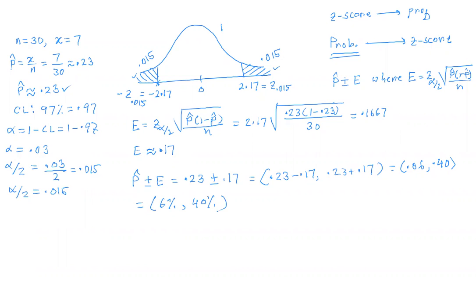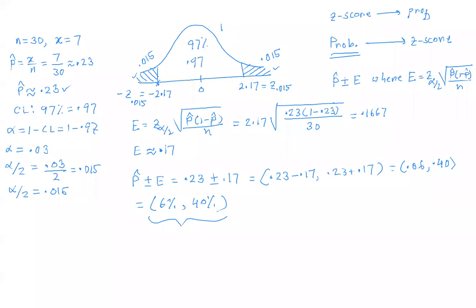And how confident are you in your calculation? It's 97% confidence, or 0.97, right? I kind of said it in the wrong way, not a 97% probability.